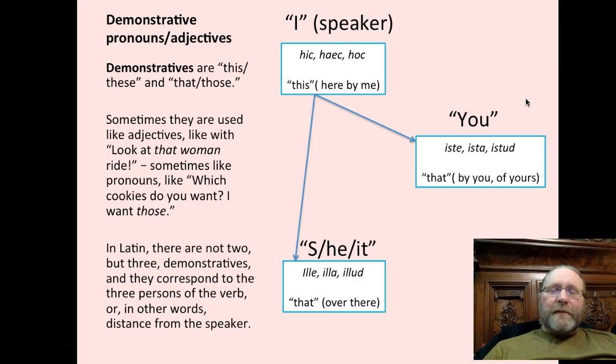The second, that corresponds to second person, is iste, ista, istud. That means that, but that over there by you, the person that I'm talking to. Sometimes iste, ista, istud can be pejorative. That can have a bad meaning.